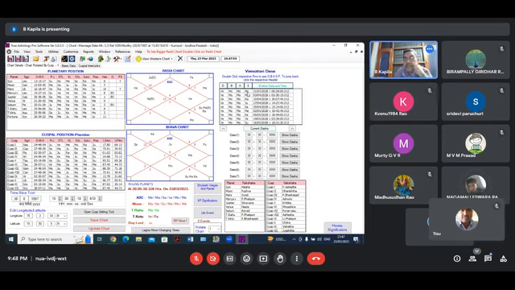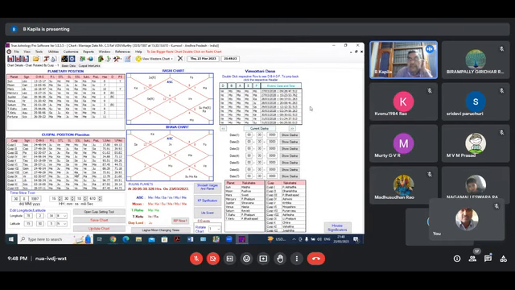Now, after selection of the Sukshma Lord, the next question is selecting the Prana Lord. Which can be a suitable Prana Lord? It can be Moon, that is one. And at the same time, it can be either Moon or Mercury or Jupiter.